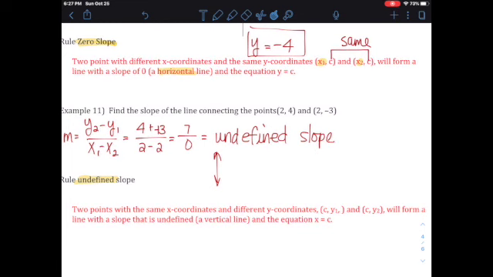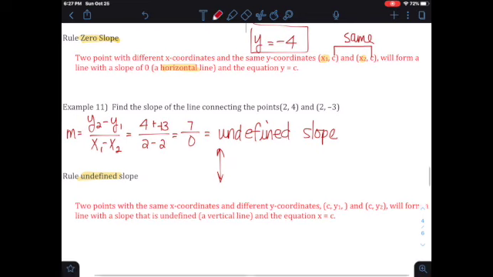The reason for that: y1 and y2 are the ones that change, but where is the c located? The c is located in the x. They are the same, and because they are the same, it's going to be in the x position, x equal to whatever number you have in c.